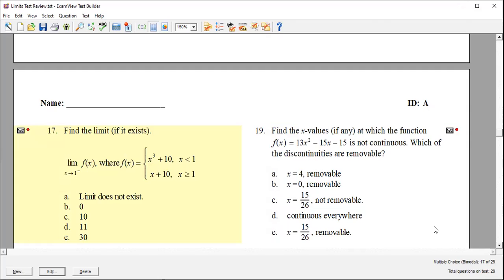Everybody got it written down? All right. You're going to do alpha y equals. On the top, you're going to put your function, so x to the third plus 10.